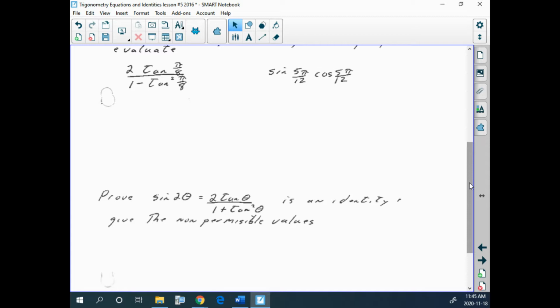So x cannot equal pi over 2. I would do the 2. That's pi.